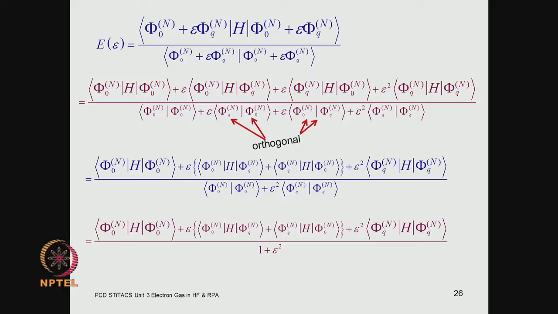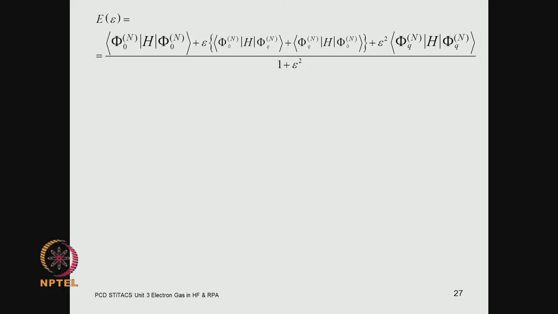And you have a term in epsilon square. In the denominator you have phi 0 norm which is equal to 1, and the second term will have the norm of phi q which is also normalized. So, you will have 1 plus epsilon square in the denominator. So, this is what we have got.